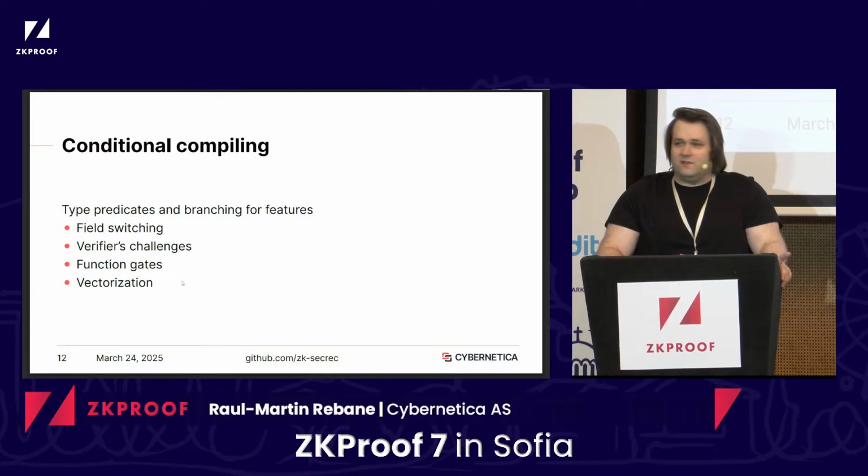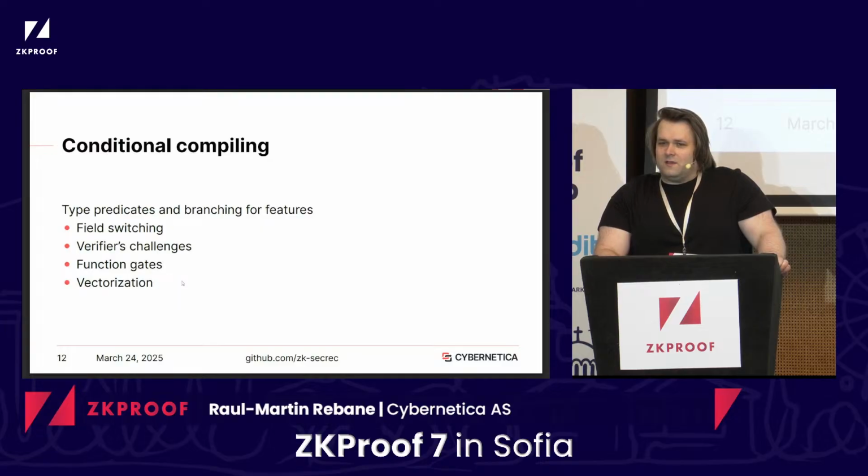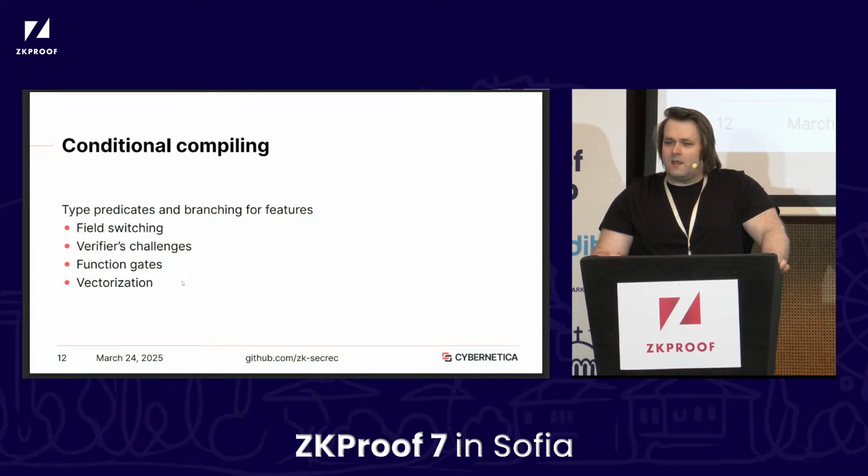Currently we have field switching, verifier challenges, function gates, and vectorization. The usage of those requires a type predicate, and when you're compiling, you are compiling for a specific platform or protocol, and that checks whether your backend actually supports what you're trying to do. And if not, you can branch on that condition and maybe run a different version of the same thing.